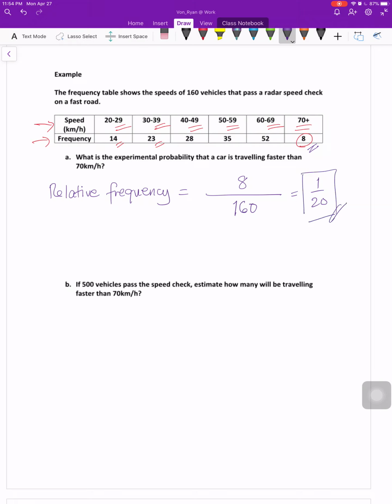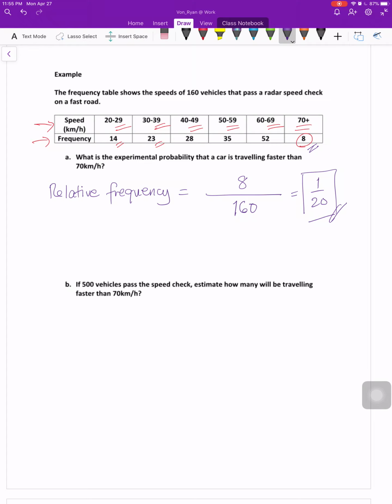That's not really the probability that, depending on the number of cars, you'll get 1. If you have 20 cars, you don't always get one of them traveling at 70 plus. This is only the case within the context of the experiment that you did.